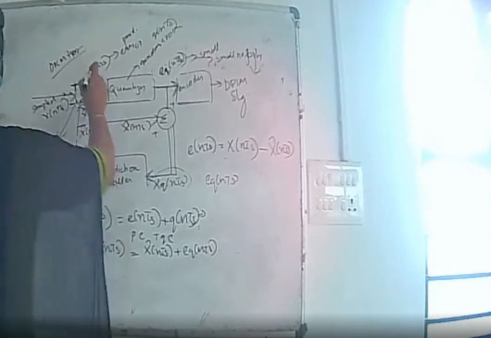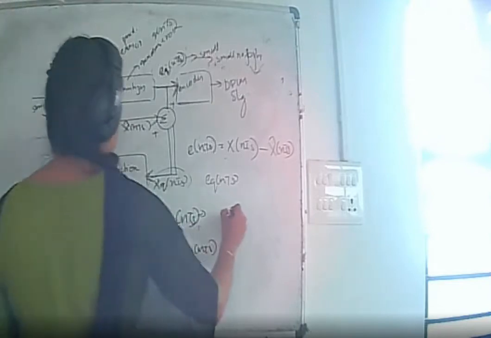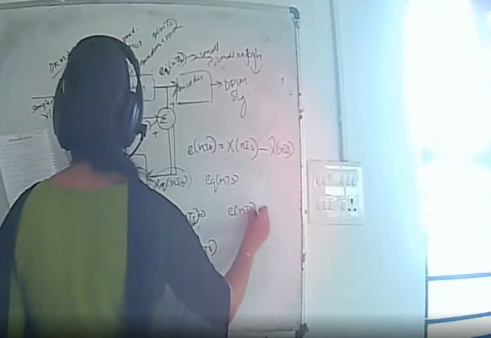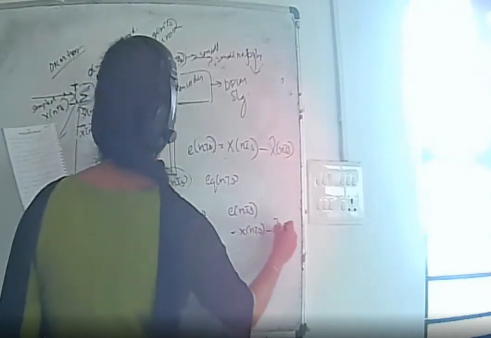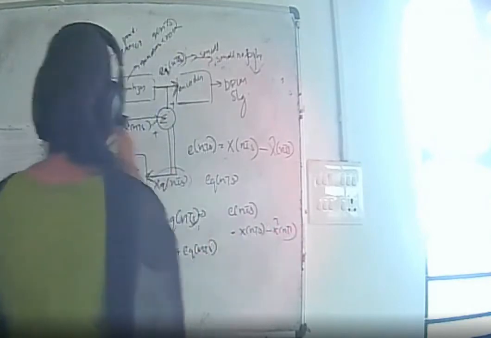We know that E of nTs is nothing but X of nTs minus X cap of nTs.